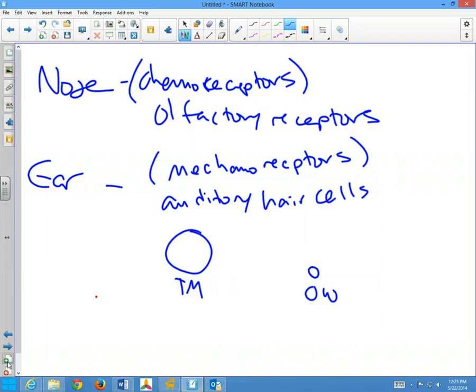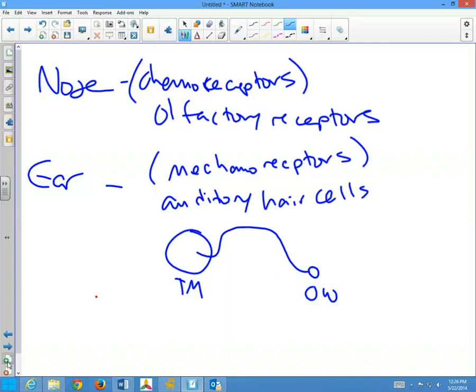Remember, your tympanic membrane is much larger than the oval window where those ossicles connect. And so their job is to amplify the sound. That's why you have that whole sequence of events. The oval window is going into the cochlea, right? The cochlea is the actual part of your ear that hears.